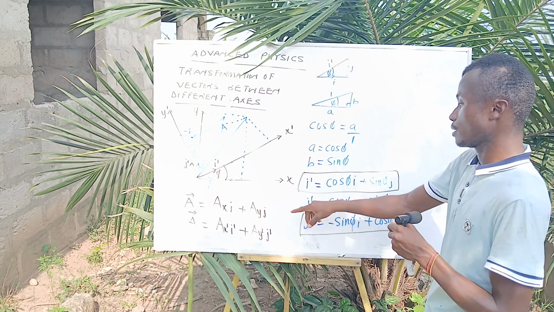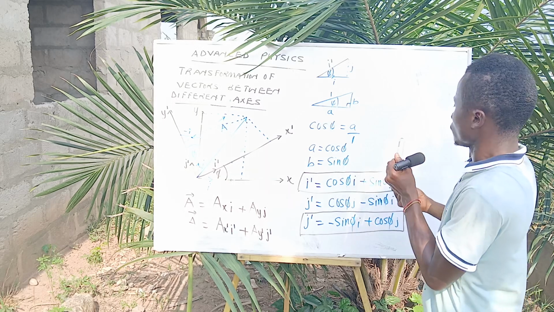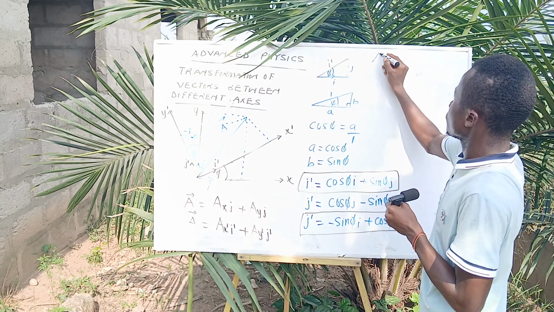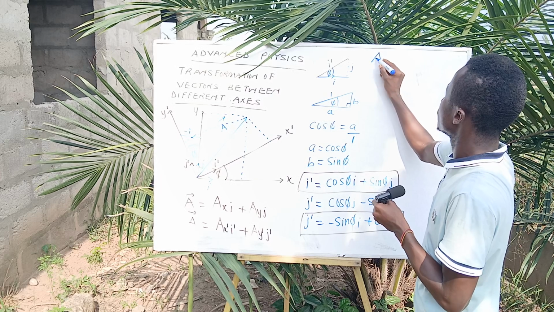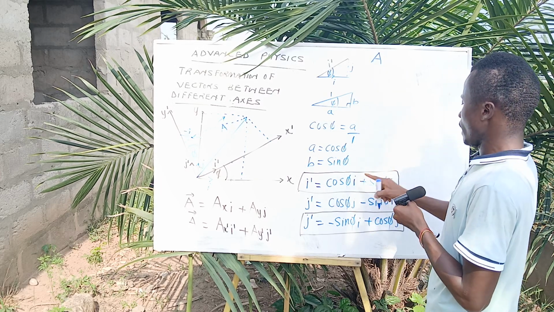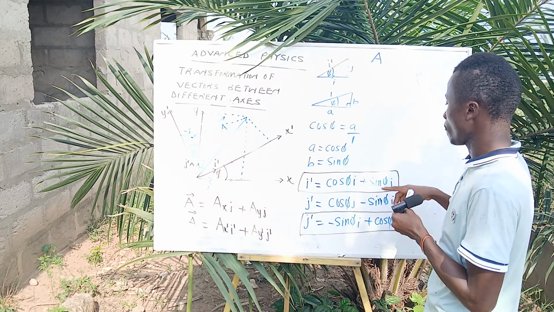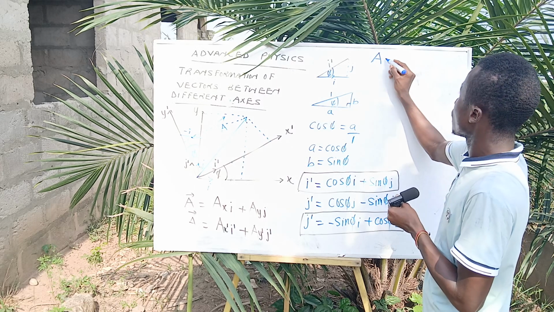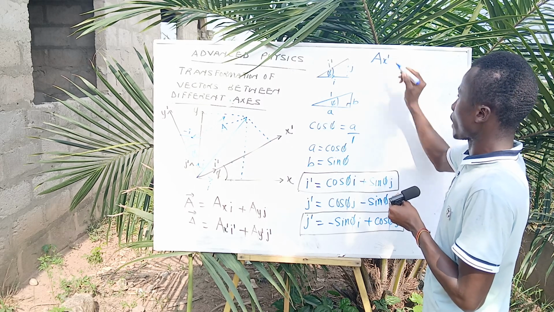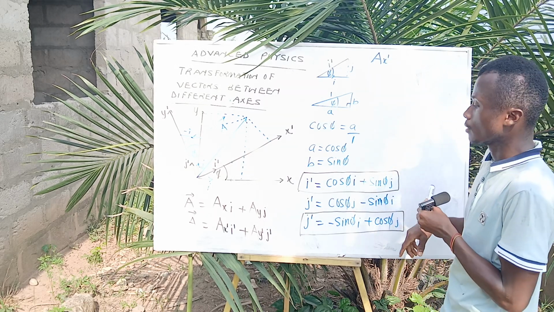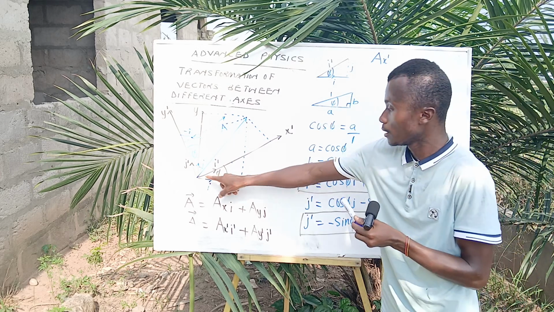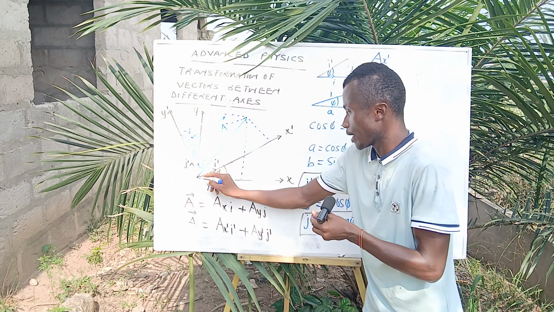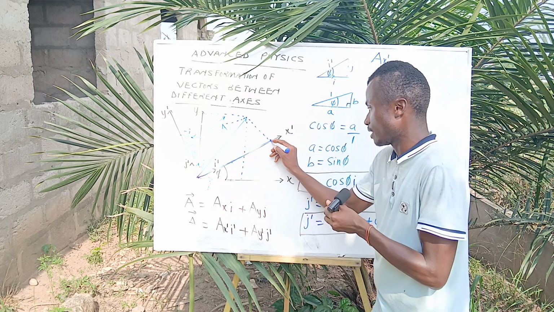Right, from this, then if you give me ax, then ax prime, which is a vector in the I prime direction. So ax prime vector will be this vector.